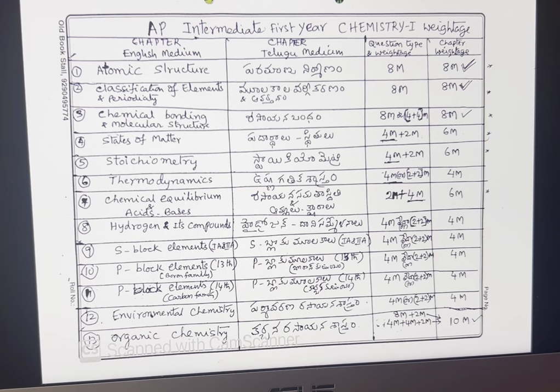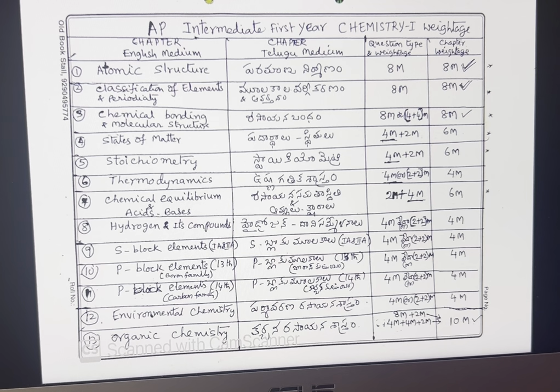Section A contains 10 2 marks questions. There is no choice. 10 into 2 is 20 marks. In section B, 8 4 marks questions will be given. Out of 8, you have to answer 6. 6 into 4 is 24 marks.